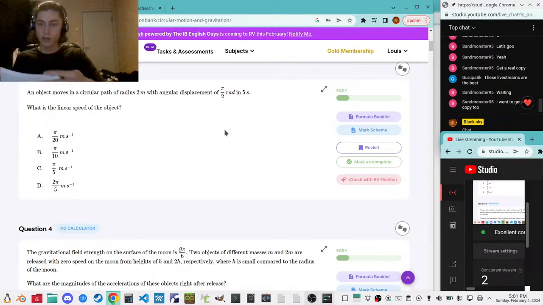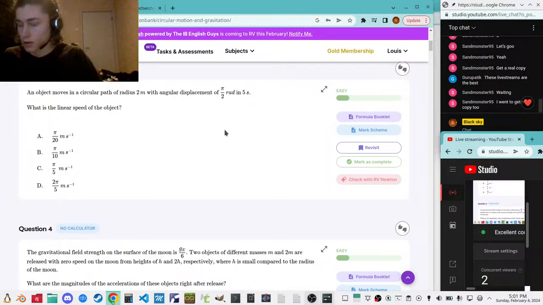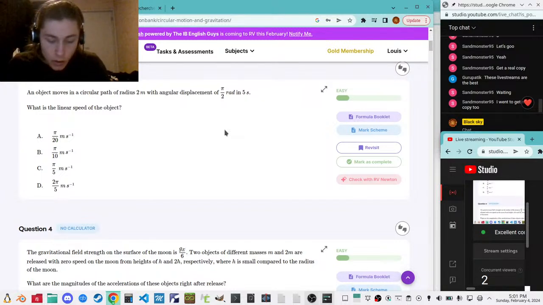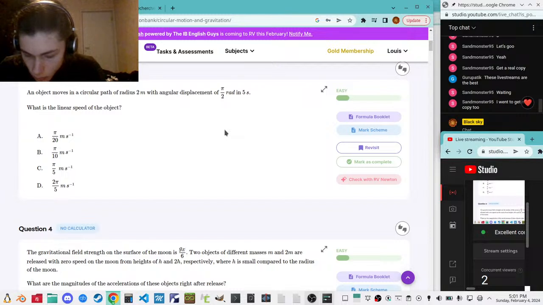So circular motion. Circular motion. What can we say about this? So W is equal to. There's no definition for W. Can someone explain why there's no definition for W?